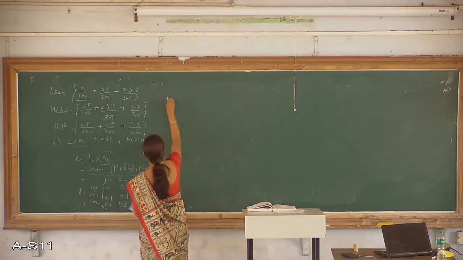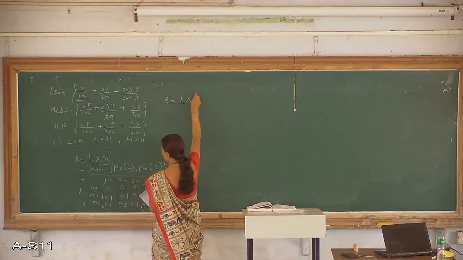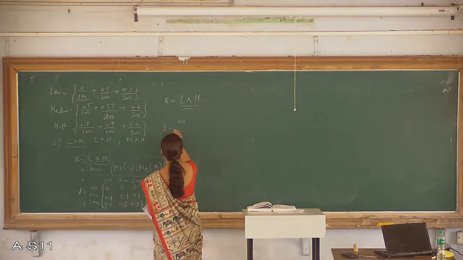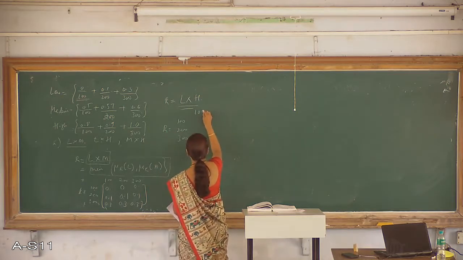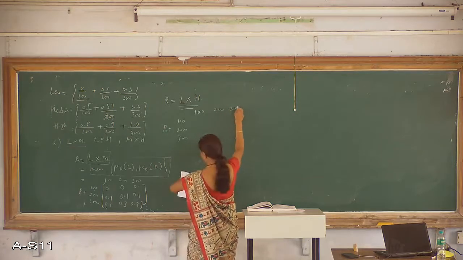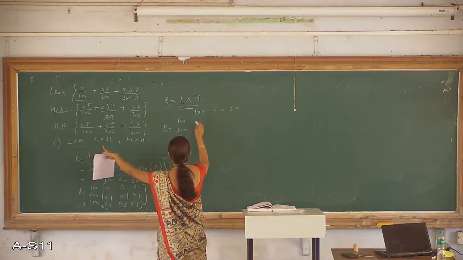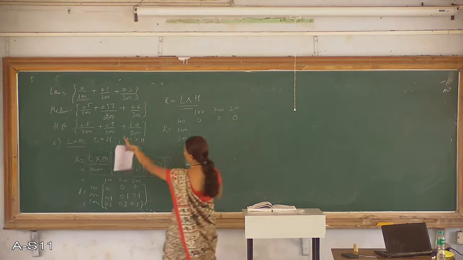On similar lines I should get the Cartesian product of low with high. Low with high, 100 with 100 is 0, 200 and 300 also 0, because it is the smallest value.